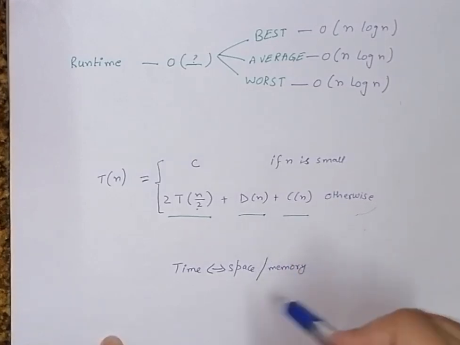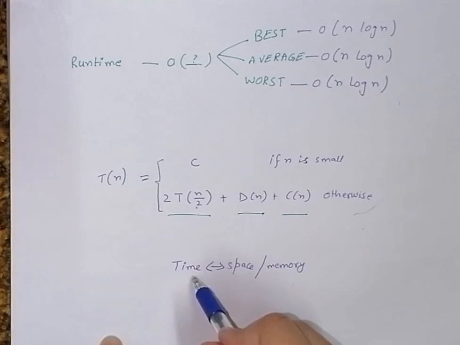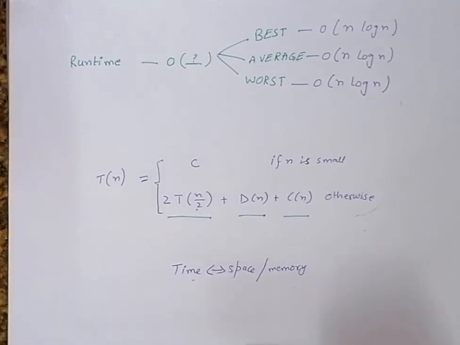If we want to go towards the optimization of space or memory, then definitely time will increase. We have to choose that scenario or situation where we can somehow maintain the balance between these two factors. Okay, so this concludes today's lecture about merge sort algorithm.